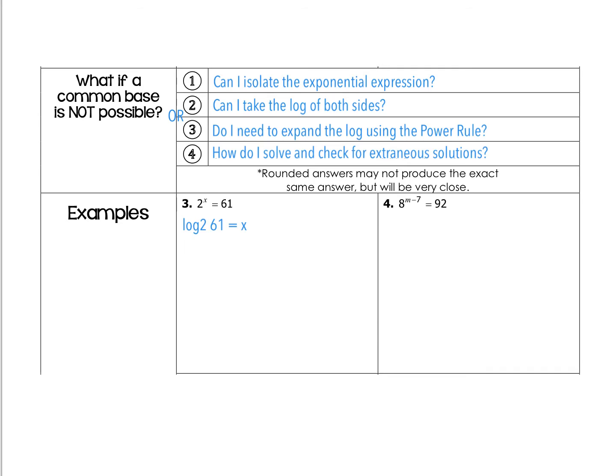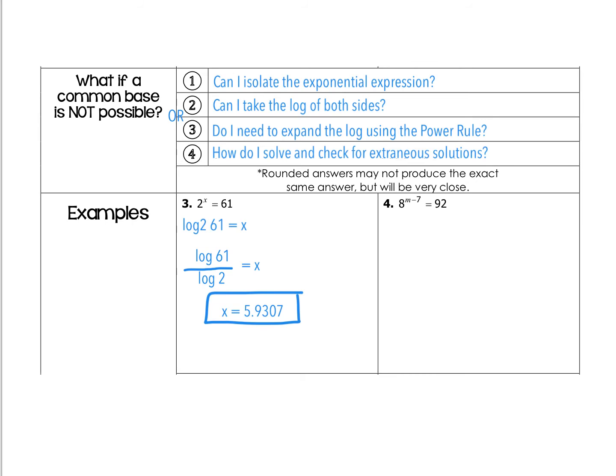So if you remember back to our introduction to logs, we used the change of base formula. I can rewrite log base 2 of 61 as the log of 61 over the log of 2 equals x. Now that I've done the change of base formula, I can type this into my calculator because we're using that base 10. And when I do that, I get x equals 5.9307.